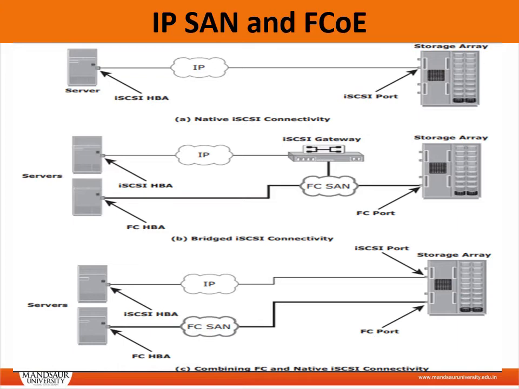The bridge topology enables the coexistence of FC with IP by providing iSCSI to FC bridging functionality. So in the bridging, there is a coexistence of FC with IP. The initiator can exist in an IP environment with the storage remaining in an FC environment. In native iSCSI connectivity, FC components are not required.